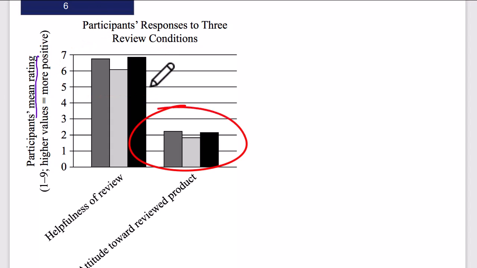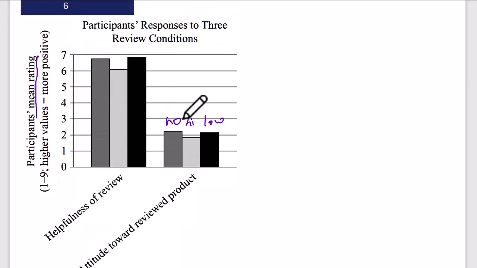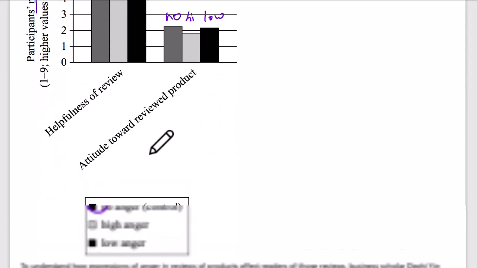And between the 3 elements, it looks like it's no anger, high anger, low anger. So that's no, essentially high, and low. So it looks like high anger gets a little lower average rating across the board, whether it's attitude or helpfulness. Okay, so let's read what's going on here.